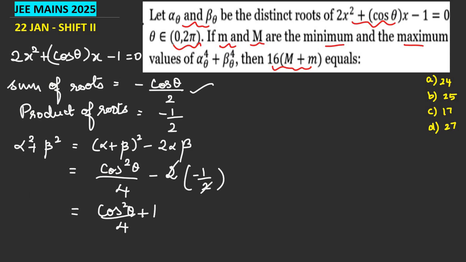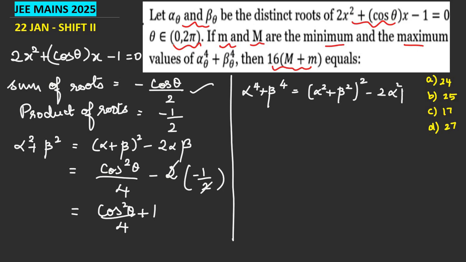Now next we find α⁴ + β⁴. This is equal to (α² + β²)² − 2α²β². Applying the values here, this becomes (cos²θ/4 + 1)² − 2 into (1/2)², which is equal to 1/4.